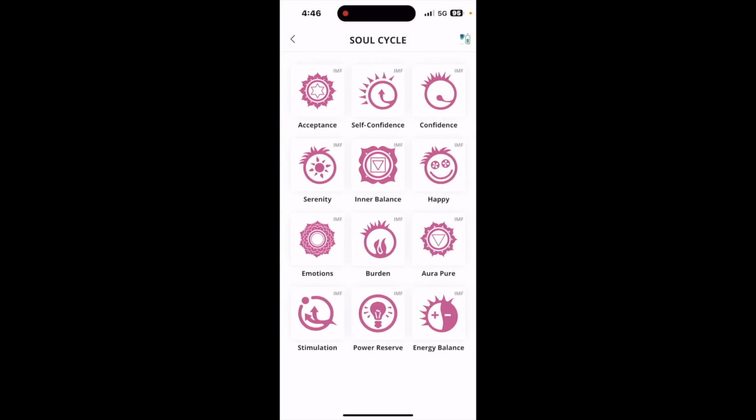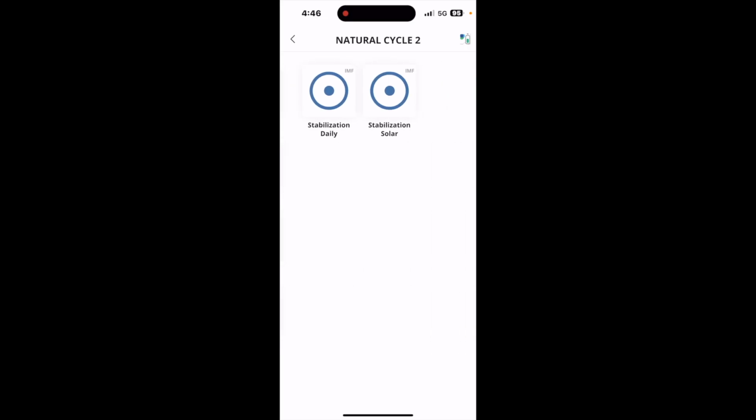If the anxiety is caused by separation, I would recommend doing the whole entire 36 days of the soul cycle. So serenity here, acceptance, serenity, all this will help the person to calm down. So depending on the nature of the trigger for anxiety, you use the relevant protocol for that.